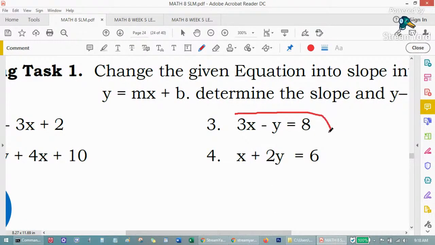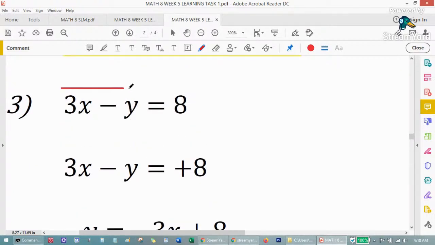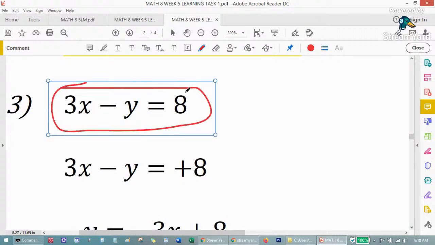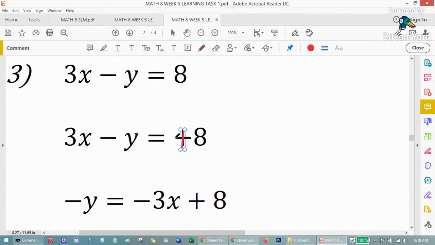Number 3 is 3x minus y is equal to 8. So, dito, ang una natin ginawa is nilagyan natin ng plus ang 8. Kasi magkakaroon siya ng bagong katabi. Then, pagkatapos natin lagyan ng plus yung 8, ang 3x, lilipat natin doon sa lugar na yun.